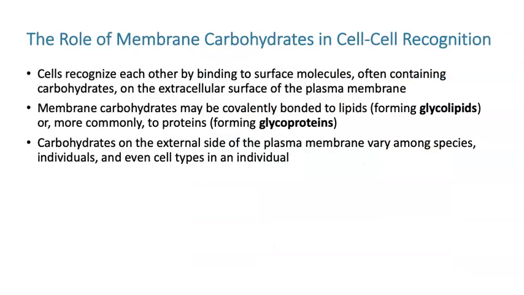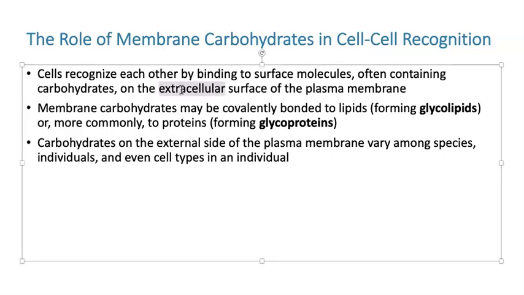So I mentioned that we would talk a little bit more about those carbohydrates and how they're involved in cell-to-cell recognition. It's so important, especially in multicellular organisms, that cells recognize each other as being the same or being different. And it's all about those carbohydrates that are found on the outside, or the extracellular. Let's just highlight that word for you, that this means outside of the cell.